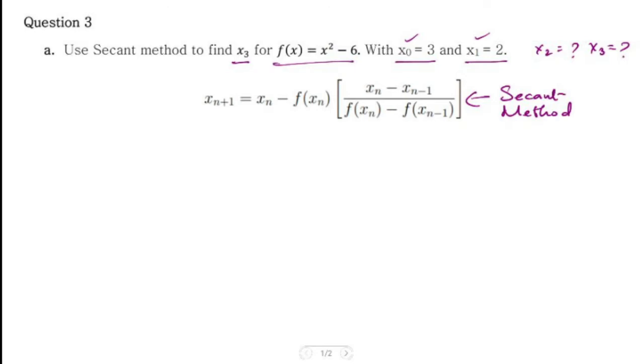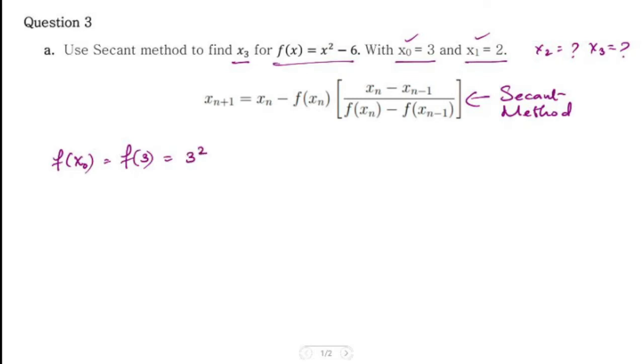Let's first go ahead and find f of x0 and f of x1. So f of x0, where x0 is 3, the function being x squared minus 6, so we put the value 3 instead of x.